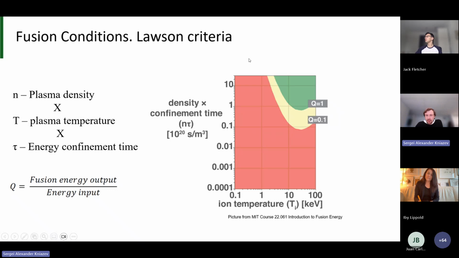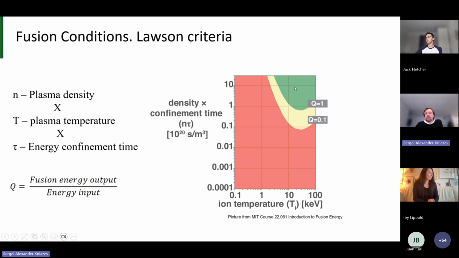And on this graph, the y-axis is density and confinement time, and the x-axis is temperature. The red line is Q equal to 1, and this area is Q more than 1. All the fusion startups want to achieve this.